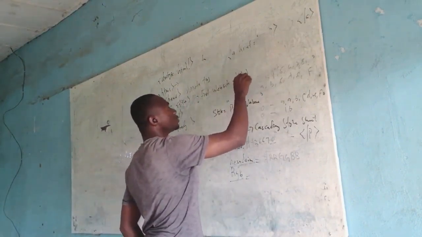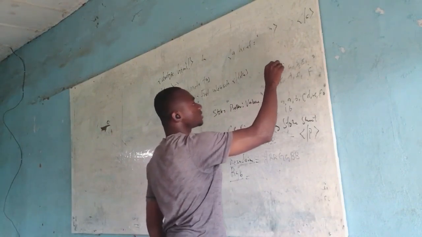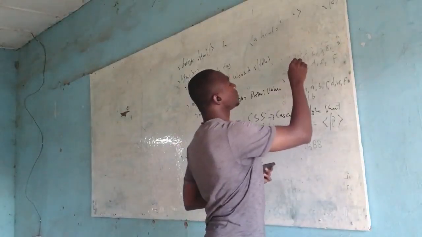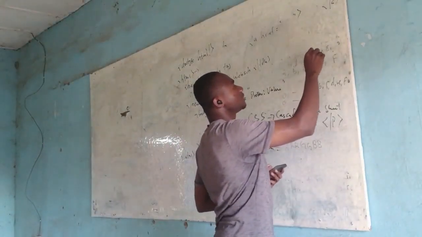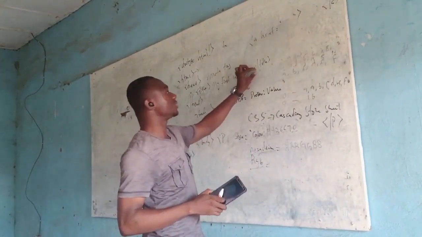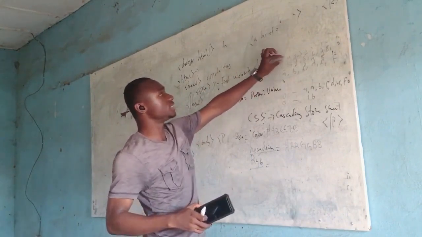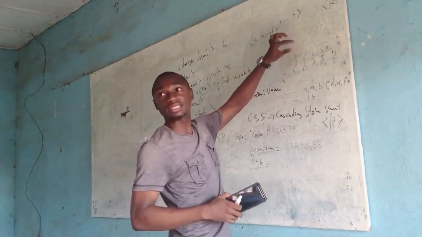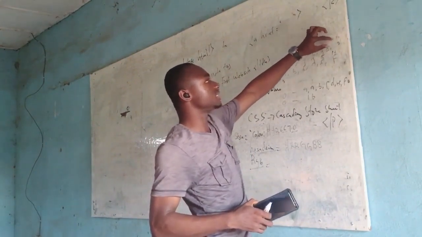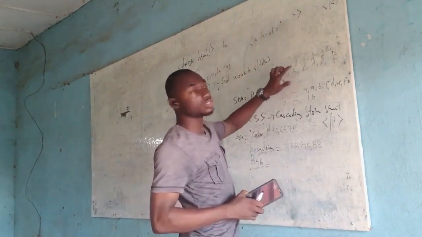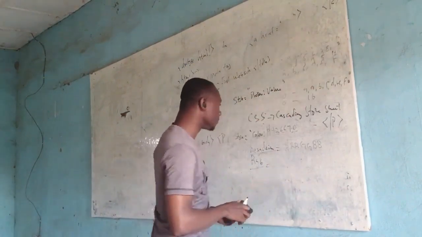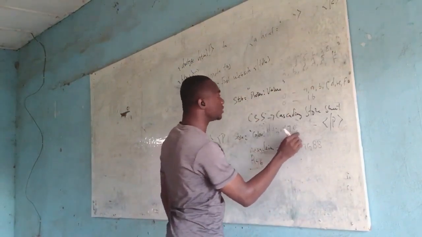This is 1, 2, 3, 4, 5, 6, 7, 8, 9, 10, 11, 12, 13, 14, 15, and 16, which is the highest. Now, 0 is represented as 1, 1 as 2, 2 as 3, 3 as 4, 4 as 5, 5 as 6, 6 as 7, 7 as 8, 8 as 9, 9 as 10, A as 11, B as 12, C as 13, D as 14, E as 15, and F as 16.